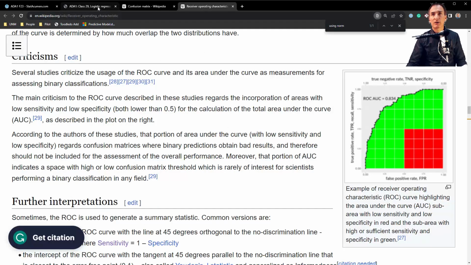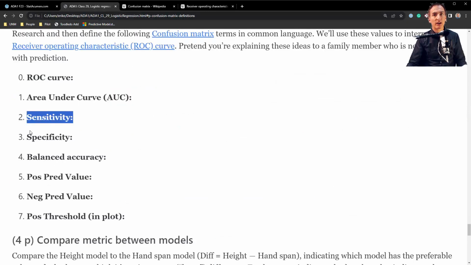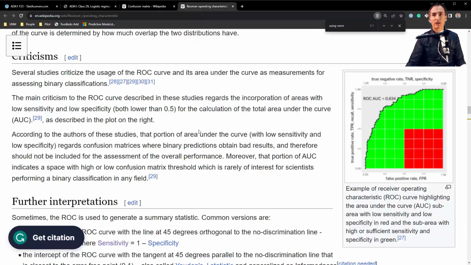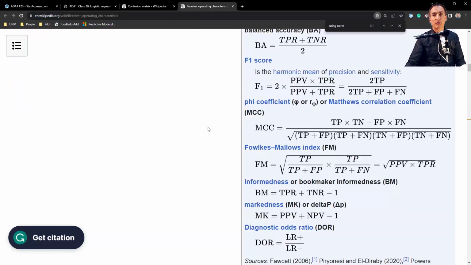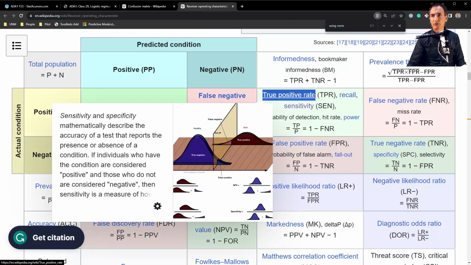What else do we have for values here? Sensitivity. Now we're going to get specific as to which one is correctly classifying males or females. If we go back up to our table and look for sensitivity, sensitivity is the true positive rate.